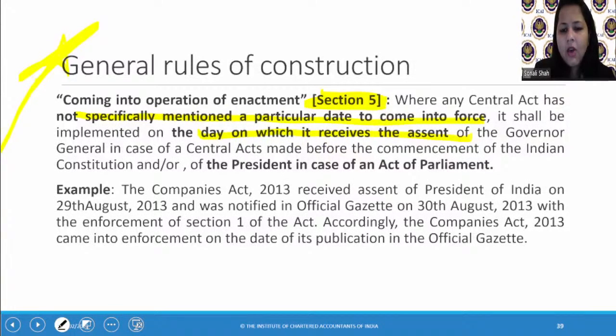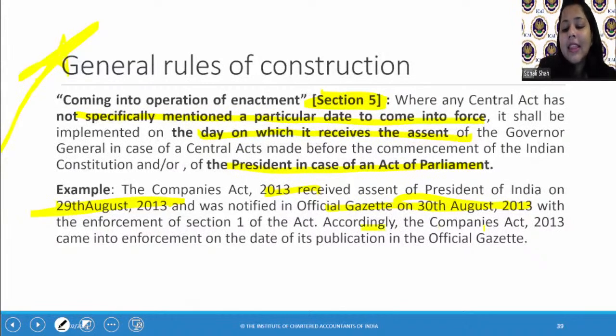But now we have to remember, it is the assent of the President of India and publication in the official gazette. The Companies Act 2013 received the assent of the President on 29th August and was notified in the official gazette on 30th August with the enforcement of Section 1 of the Act.